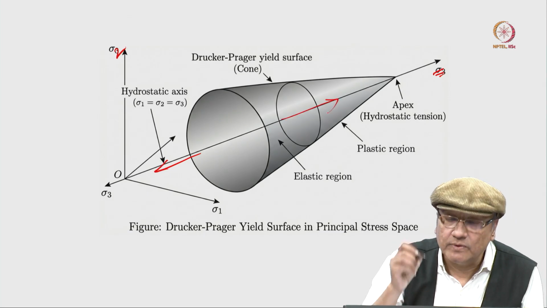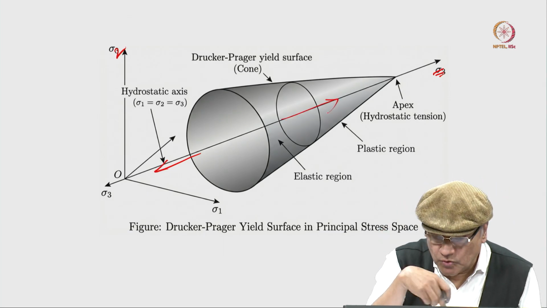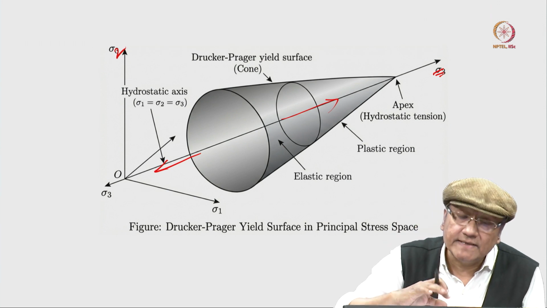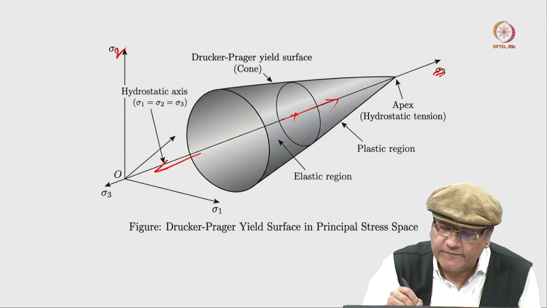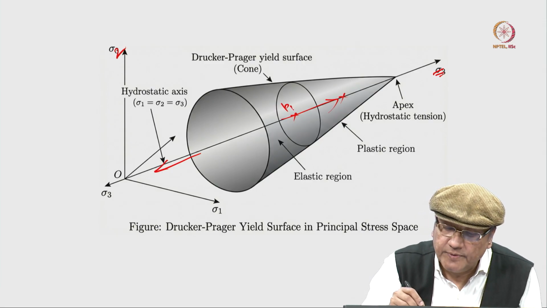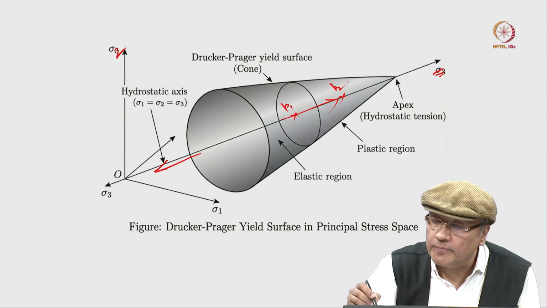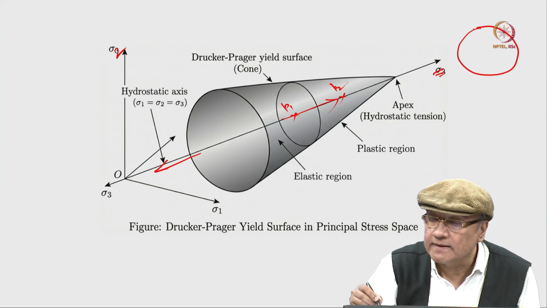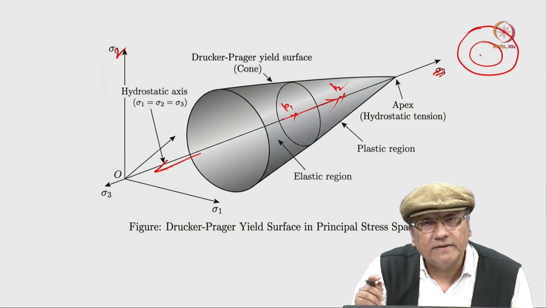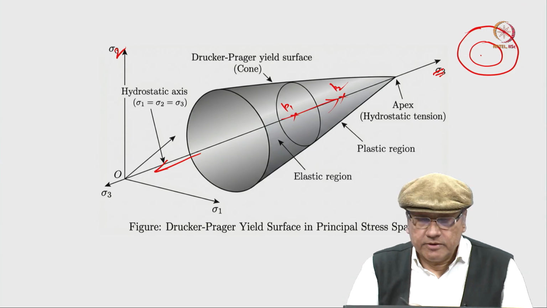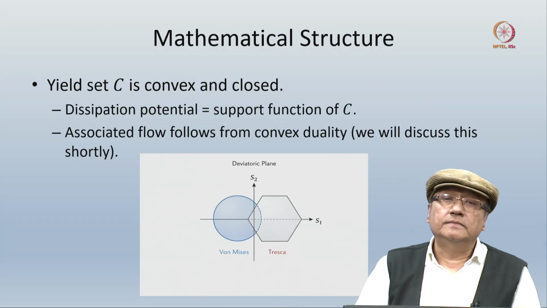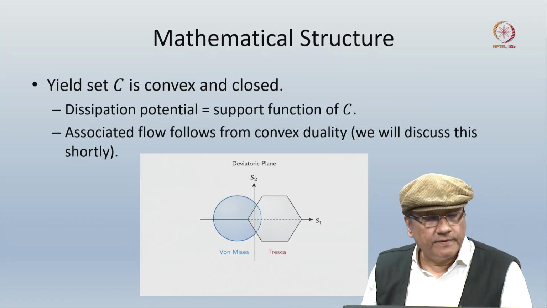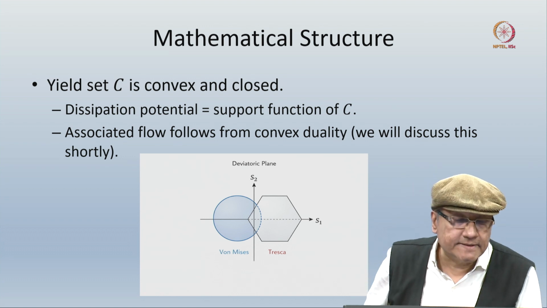On the positive side, it will reduce. So that is a cone, and the elastic zone is enclosed by this cone. If you plot this for two different p's, let us say p1 and p2, where p2 is greater than p1, then for p1 you would have a circle like this. For p2 you will see a circle concentric but of a lower radius. Anyway, this is something that we often use in the context of pressure dependent plasticity.